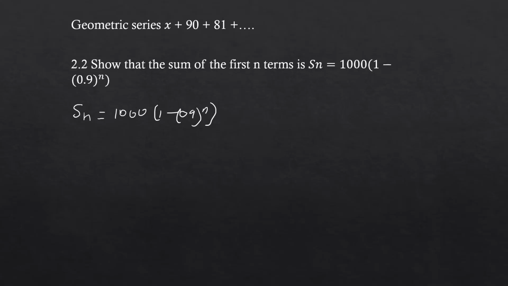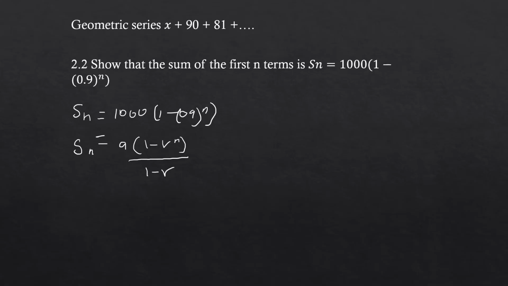When we are calculating the sum of a geometric series, we have a formula: Sn is equal to a into 1 minus r to the power n, divided by 1 minus r.